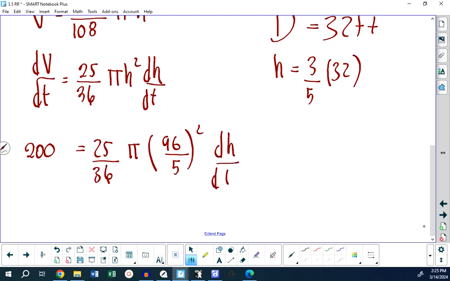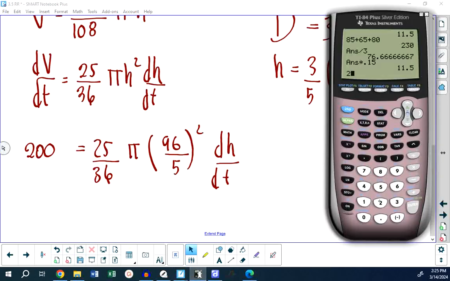And now we just have to play around with the numbers. 5 squared is 25, which cancels with that 25. You can deal with the numbers however you want. I'm just talking my way through them. 96 over 36 is 49 over 18. I don't think that simplifies any further. So I have 200, I have times the 36, and I have divided by 96 squared, right?